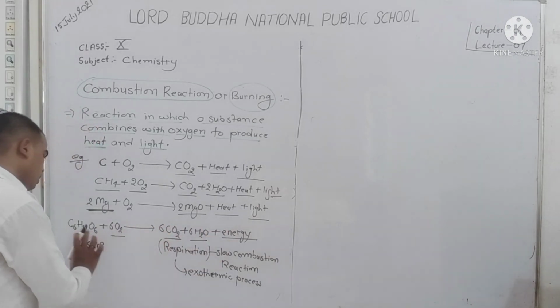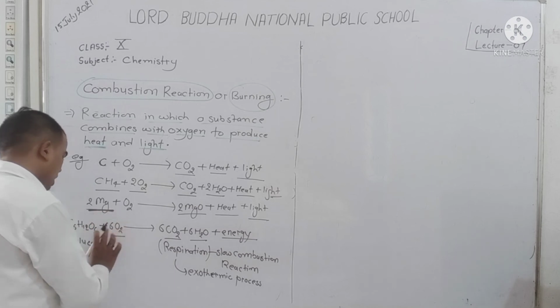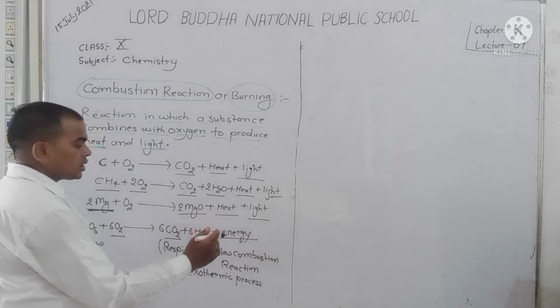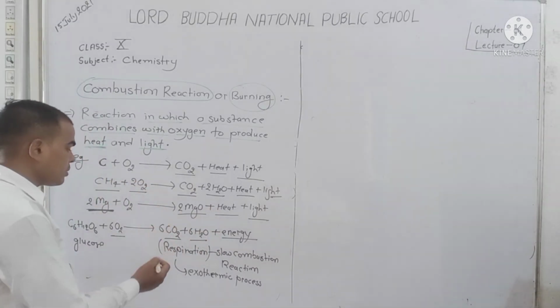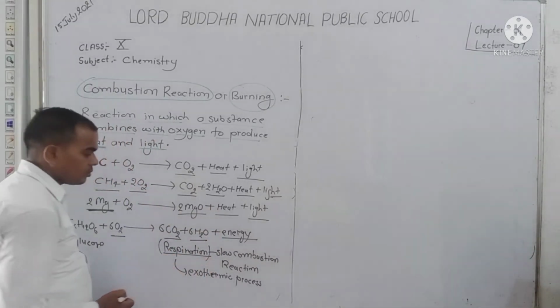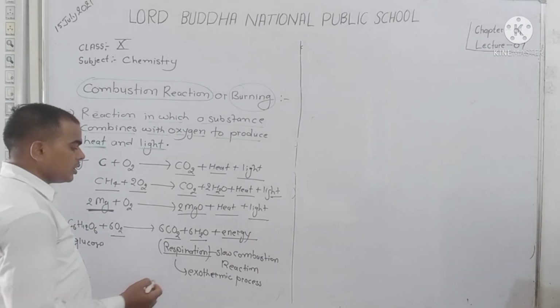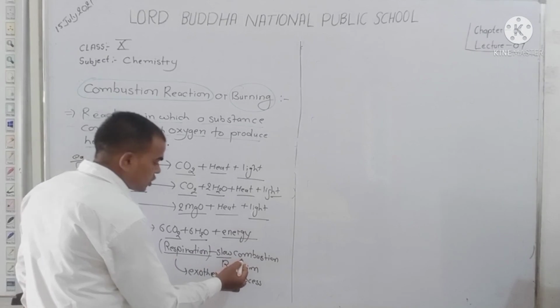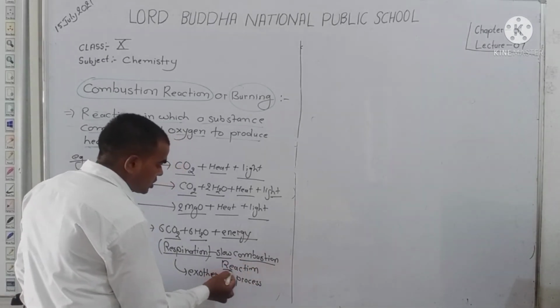The process of breaking of glucose into carbon dioxide and water and production of energy is known as respiration reaction. But this reaction is a slow process. So this reaction is known as slow combustion reaction.